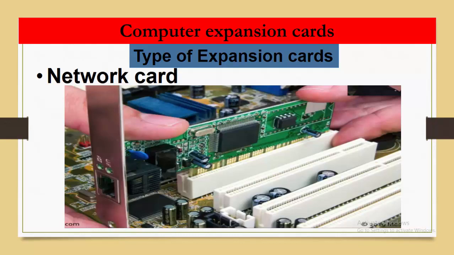This type of expansion card was most popular in the early models of computers. In more modern machines, almost all computers have a network interface built directly into the motherboard.